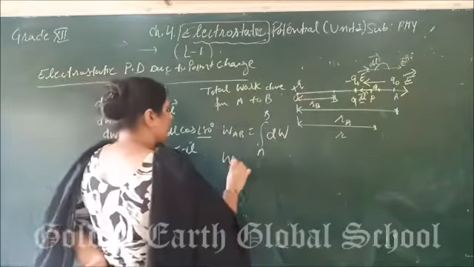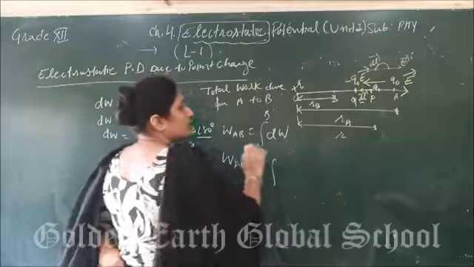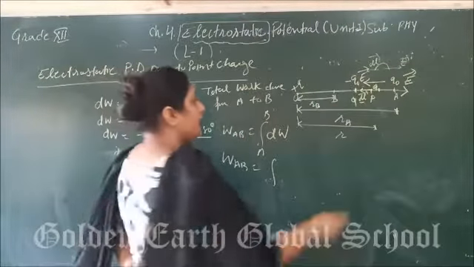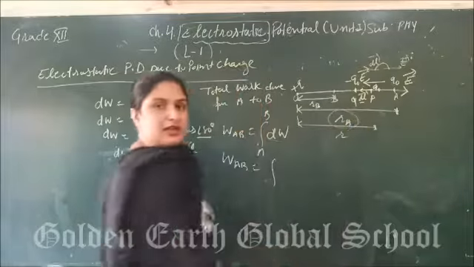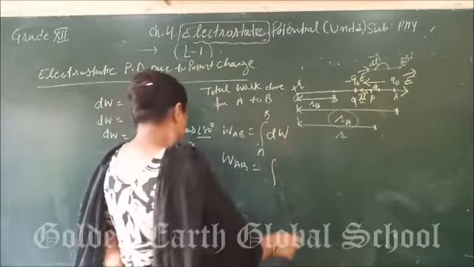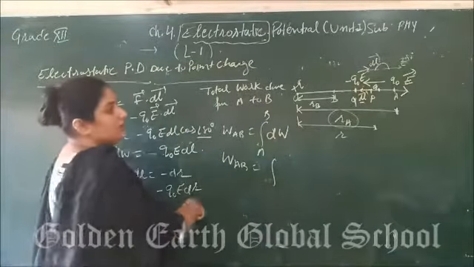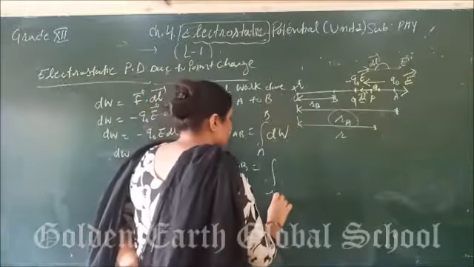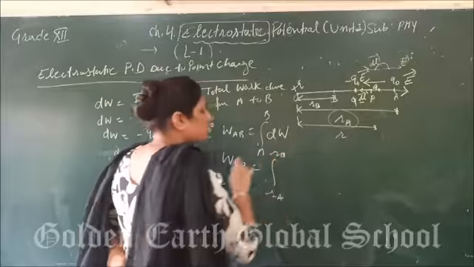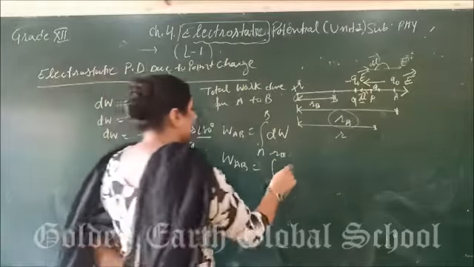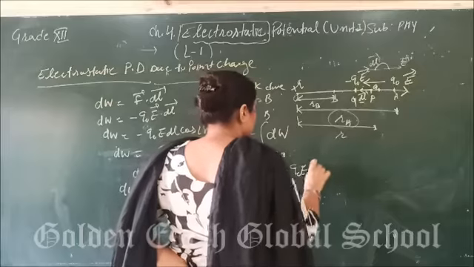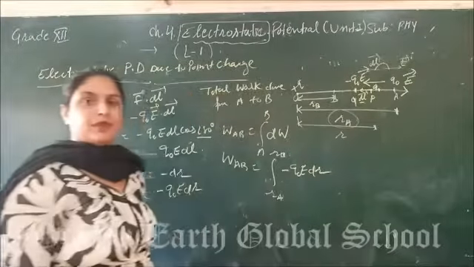When the charge Q0 is at point A, at that time the distance is RA, because the integration is over dr, so the limits will also be put in terms of the distance. So the limit is going from RA to RB, and inside the integration there will be minus Q0 E dr.